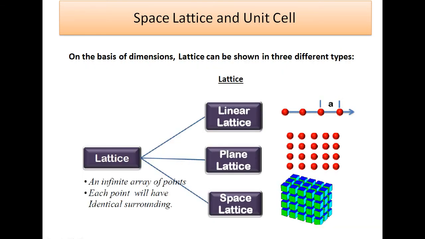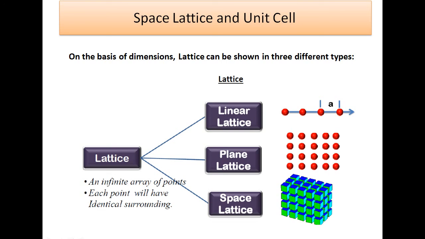Now what are the various types of space lattice on the basis of dimensions? The lattice can be shown in 3 different types on the basis of dimension. For example, if there is only one dimension, we will have a linear lattice, as shown by a line here, a sequence of points along a line.